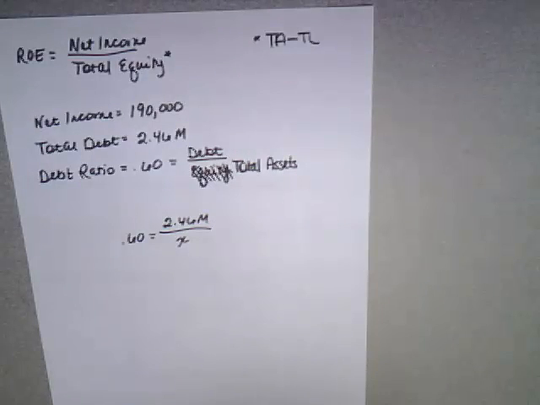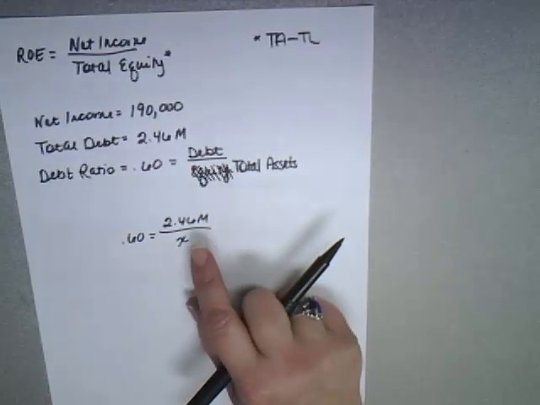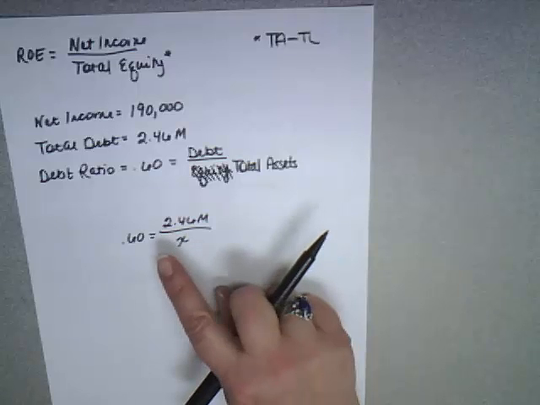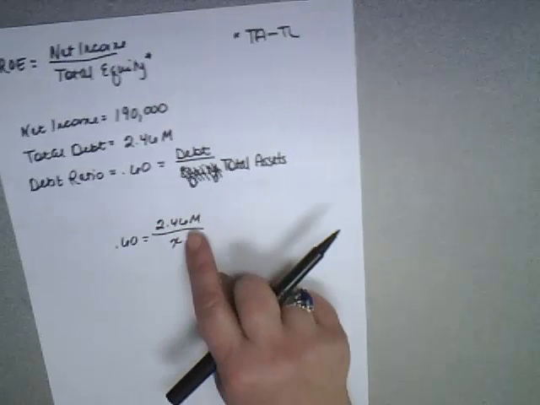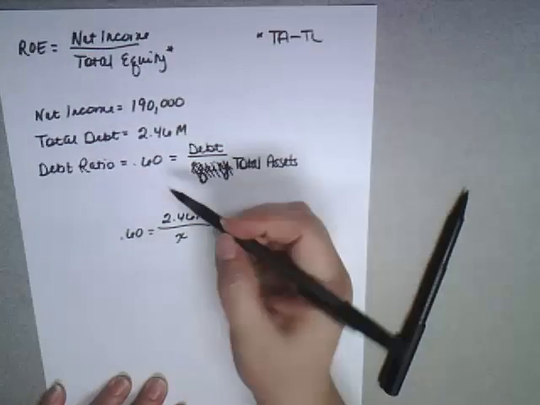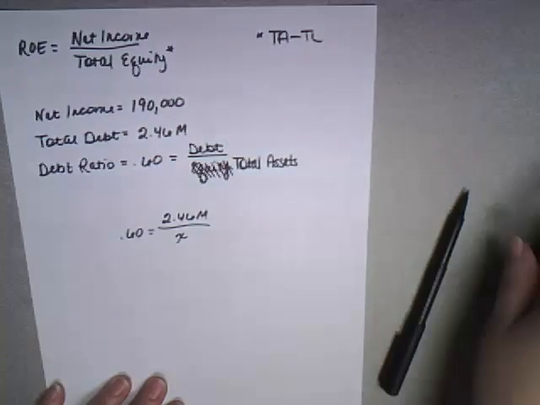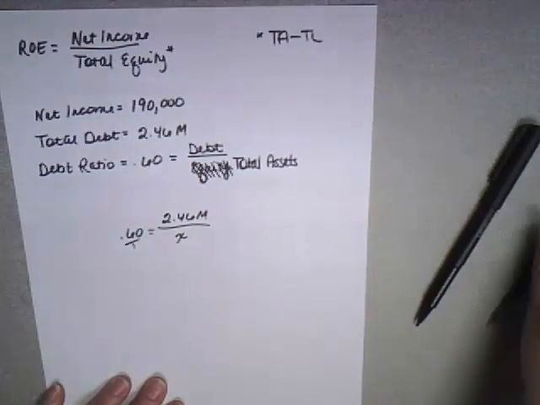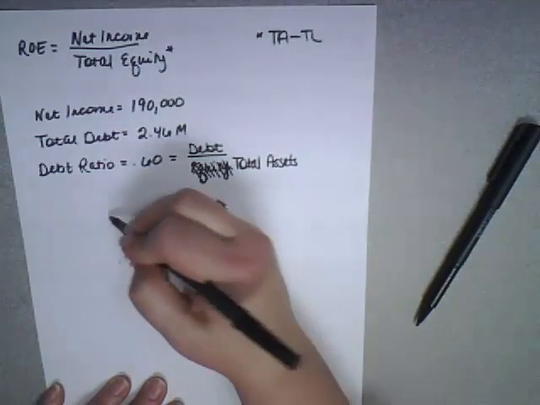So that we can tell the difference in the equity, so that we know how much our total debt and our total asset total is. All right, so we've got 0.60 with a total debt of 2.46 million, and we're solving for this. So again, we put 0.60 over 1. This is a case of cross multiplying.